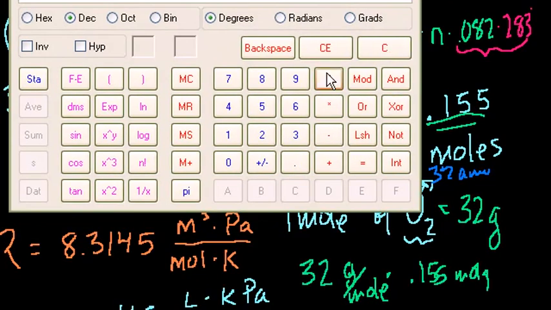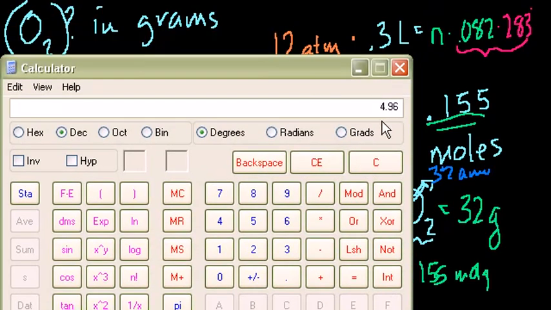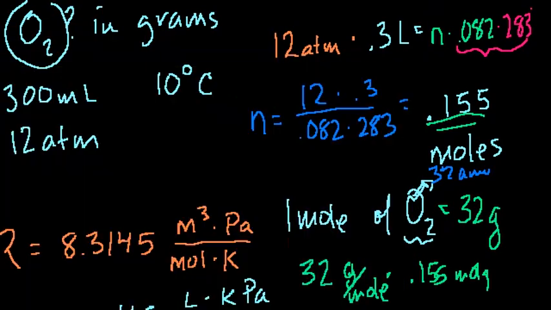So let's do that. 32 times 0.155 is equal to 4.96 grams, or roughly 5 grams. So we have approximately 5 grams of molecular oxygen.